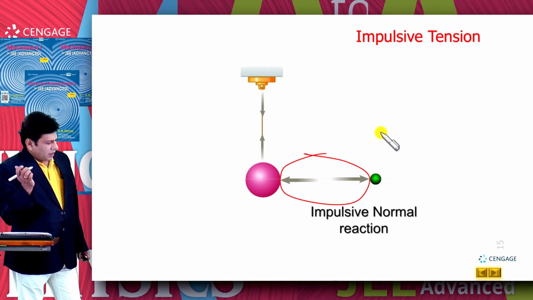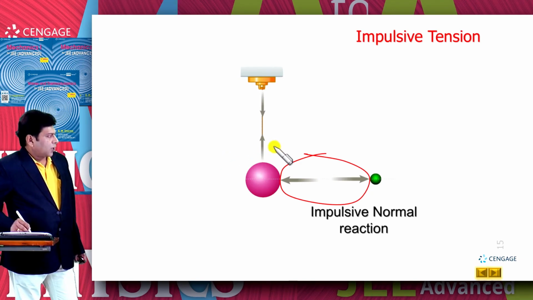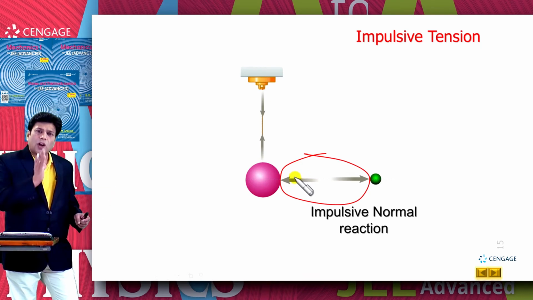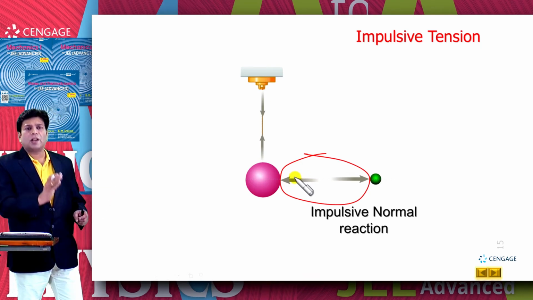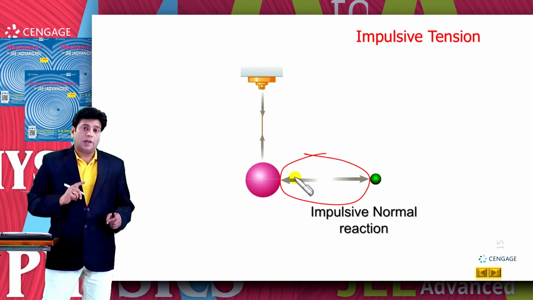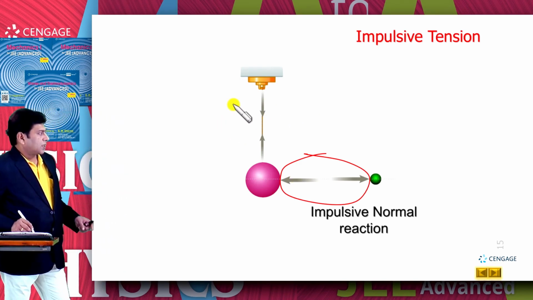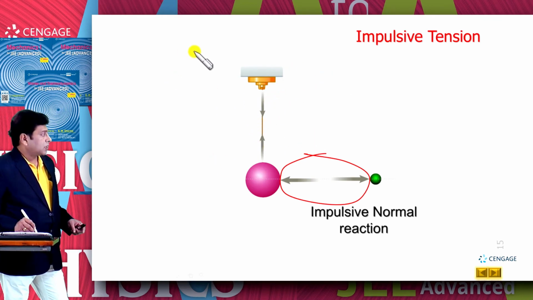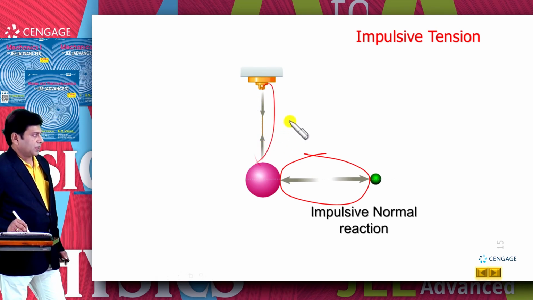But when collision occurs, the direction of the impulsive normal reaction is horizontal. We cannot have any component of this horizontal reaction in the vertical direction. That means this tension cannot be affected by the impulsive normal reaction. That means the tension force in the string is non-impulsive in this case.